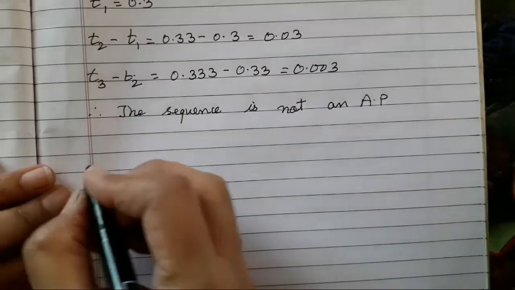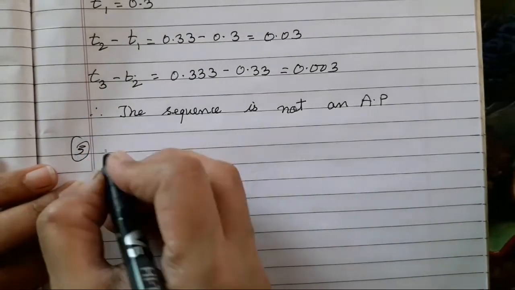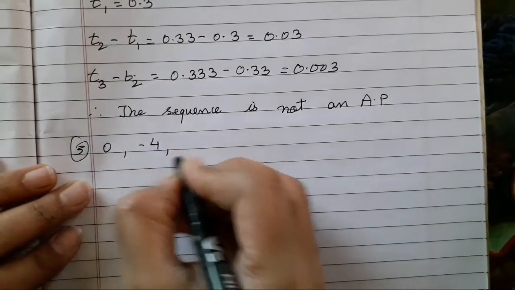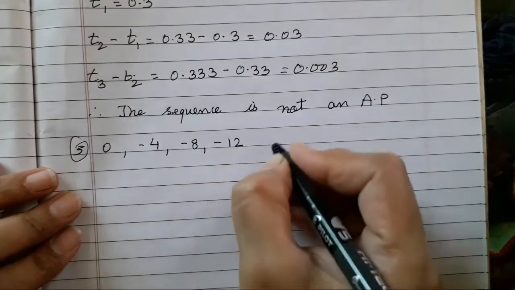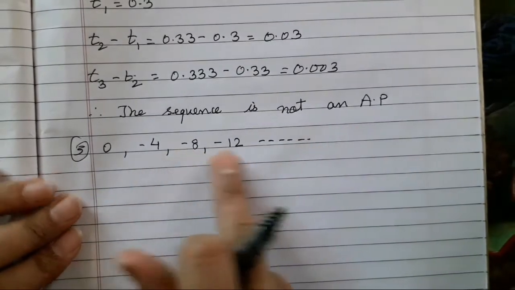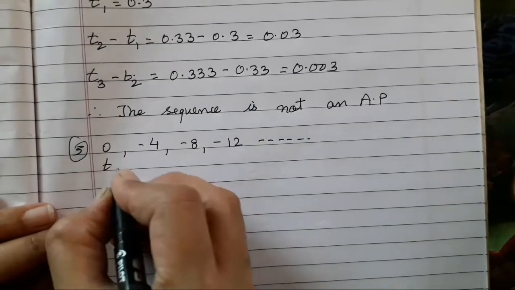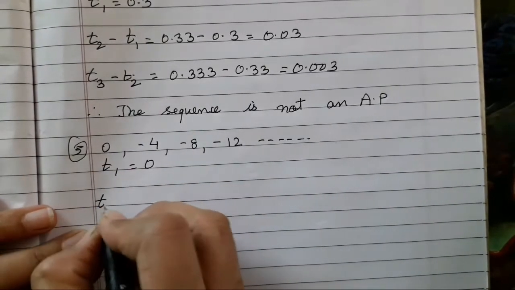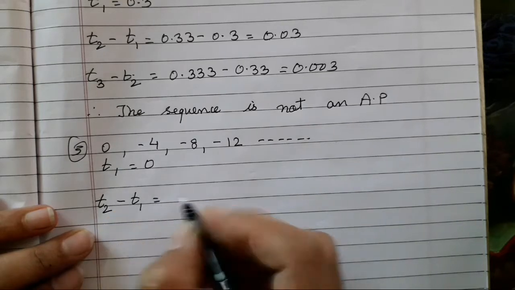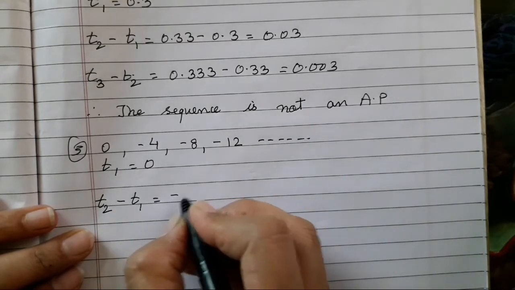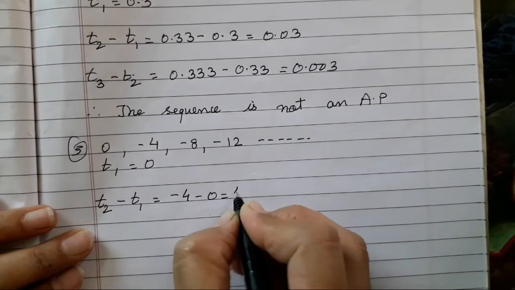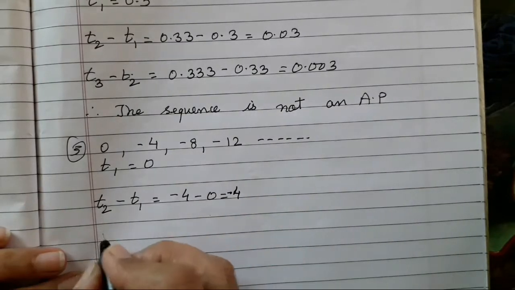Fifth sum: 0, minus 4, minus 8, minus 12, and so on. From the numbers only you can make out the difference is going to be constant. T1 is 0. T2 minus T1 is minus 4 minus 0, which is minus 4.